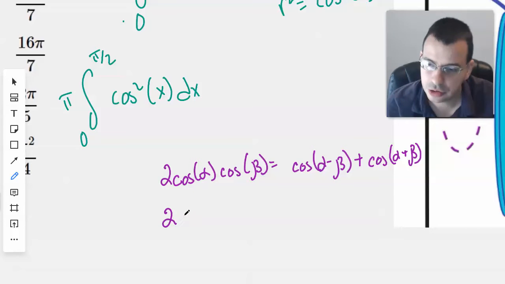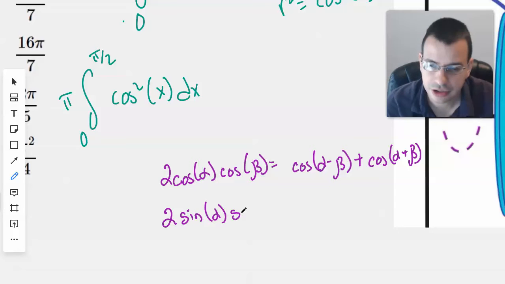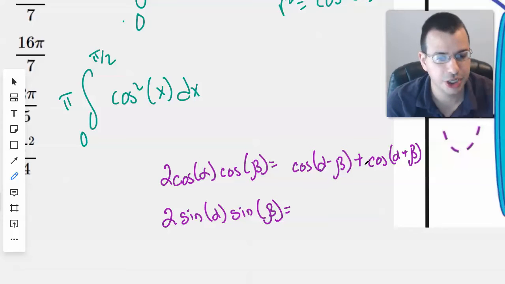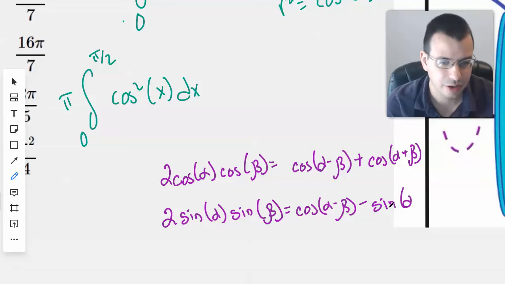So we have 2 sine of alpha, sine of beta. And then when you have sines instead of cosines, you just change the sign. So we have cosine alpha minus beta minus cosine alpha plus beta.